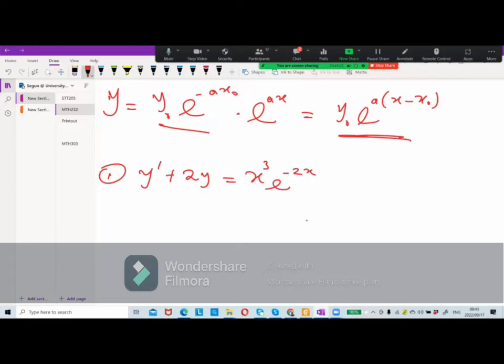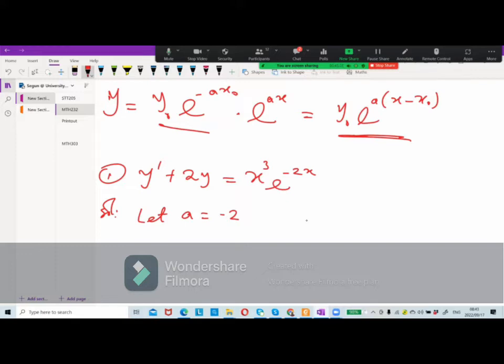Remember that we've solved a problem initially. So if I said here, let a equals minus 2. Do you agree with me?